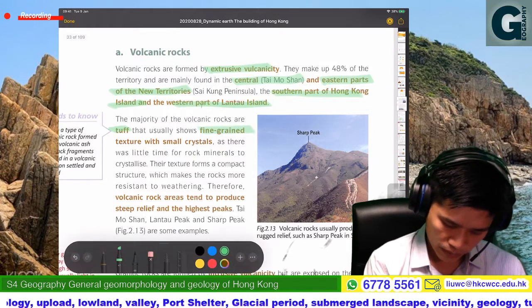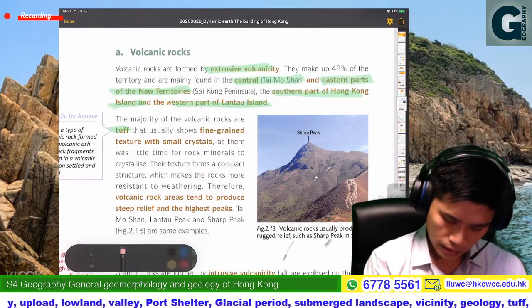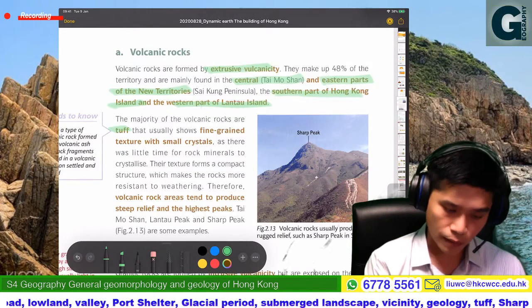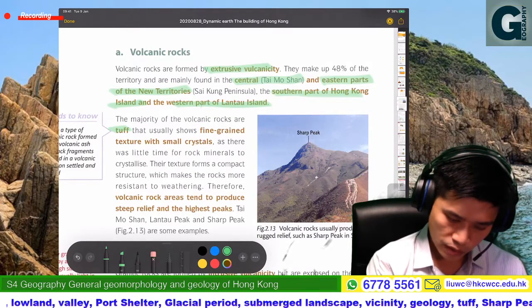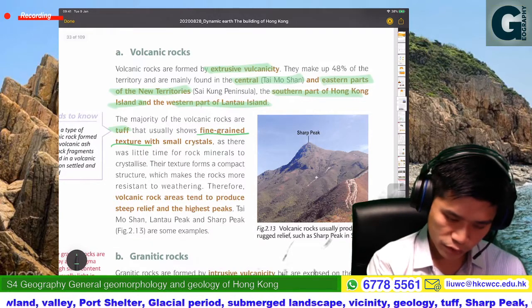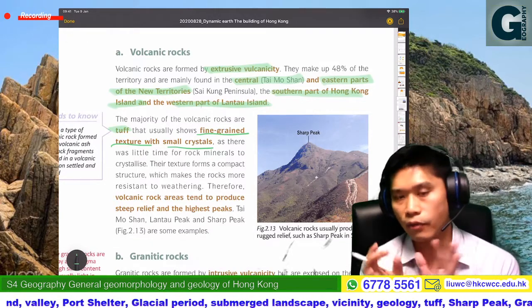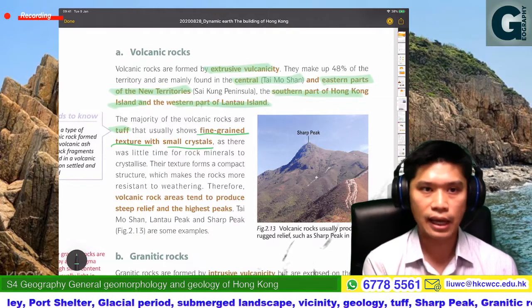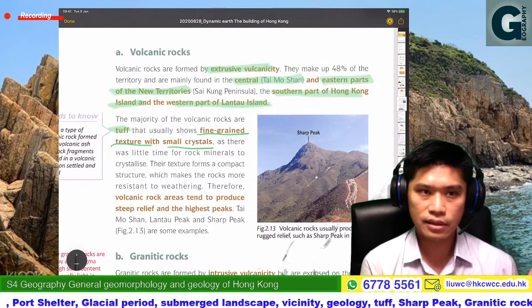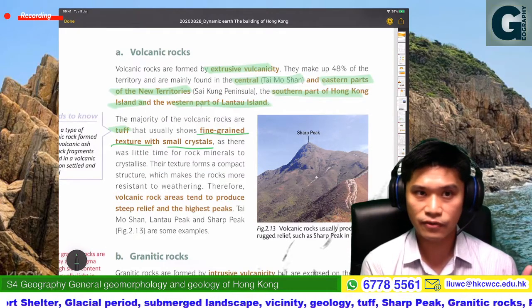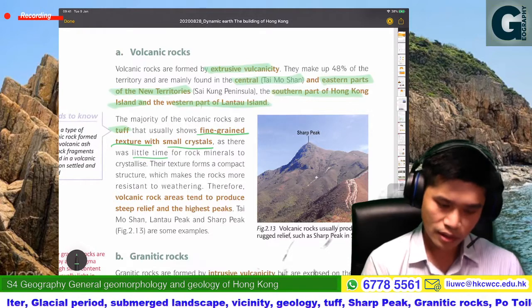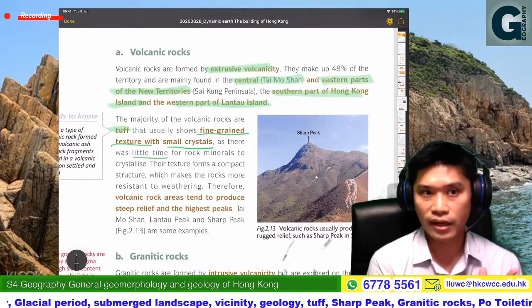Okay, so this one please highlight，凝灰岩。香港嘅火山岩好多都係凝灰岩，show a fine-grained texture with small crystal。佢嗰啲顆粒好細粒，你會見到一啲好細粒嘅晶體。Okay, as there was little time for the rock mineral to crystallize, little time during or after the volcanic eruption.